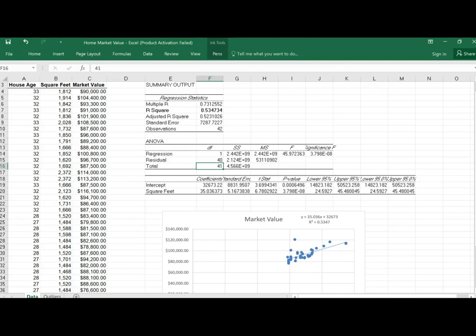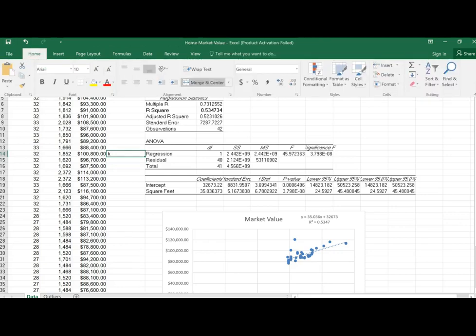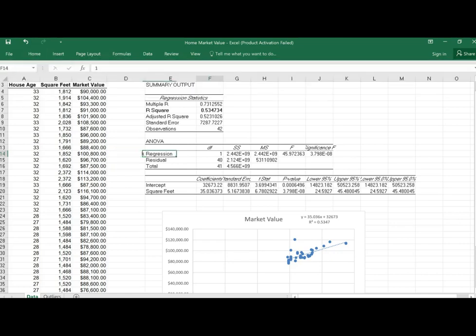In this case, we only had one variable on the right-hand side. We refer to that as k. So k is the notation that we use to describe the number of variables on the right-hand side. The degrees of freedom of regression is the number of variables on the right-hand side.